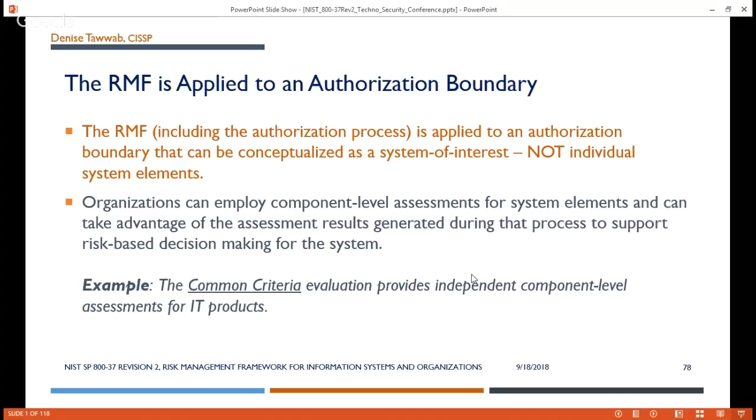Organizations can employ component level assessments for system elements and can take advantage of the assessment results generated during that process to support risk-based decision making for the system. For example, the Common Criteria Evaluation provides independent component level assessments for individual IT products.